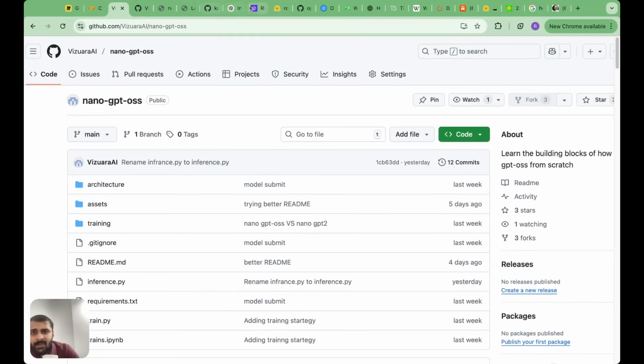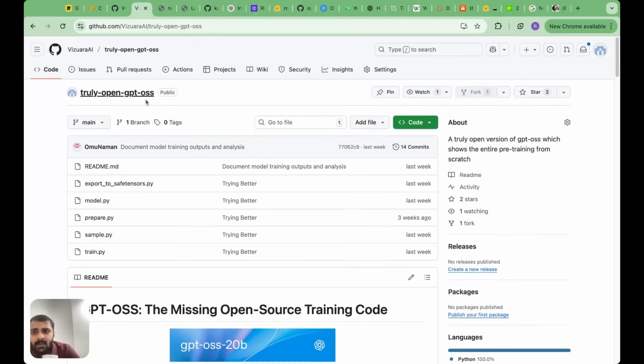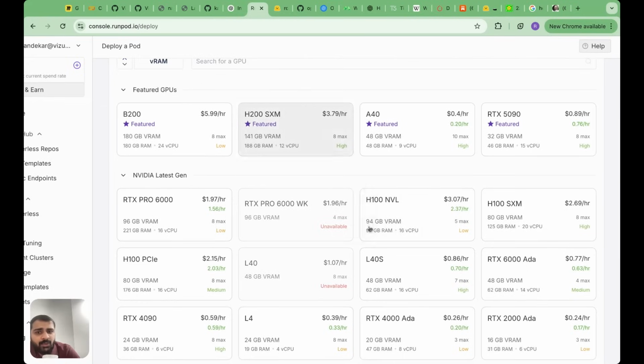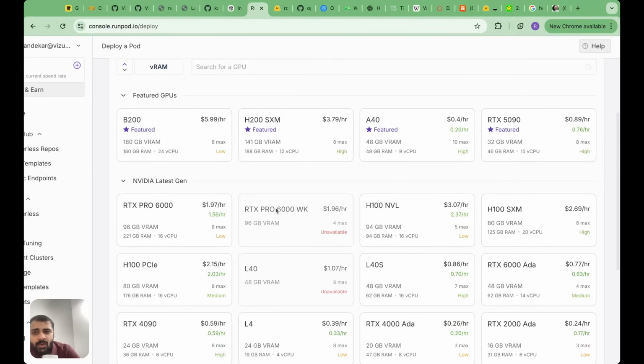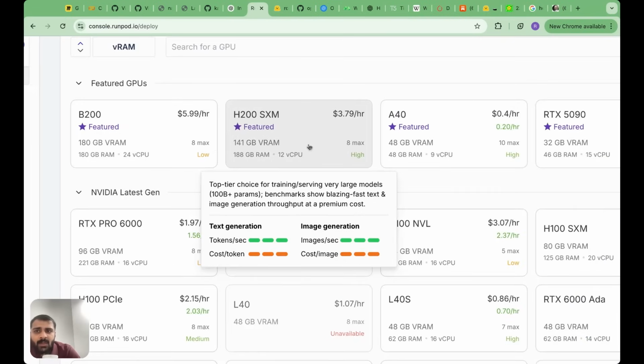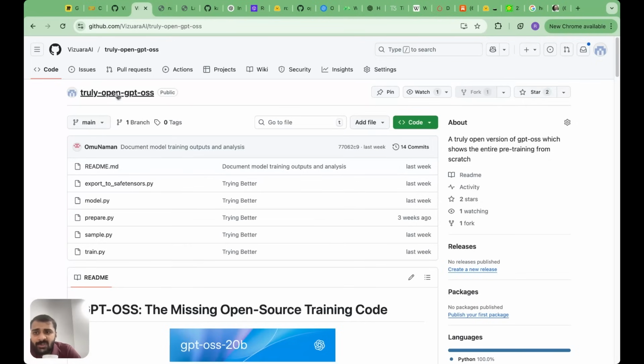This nano GPT-OSS we did on one A40, that was enough. But for the truly open GPT-OSS, we used the H200 GPU through RunPod. We assembled 5 of these GPUs together and did distributed training. All of that code for the distributed training is available in the truly open GPT-OSS.